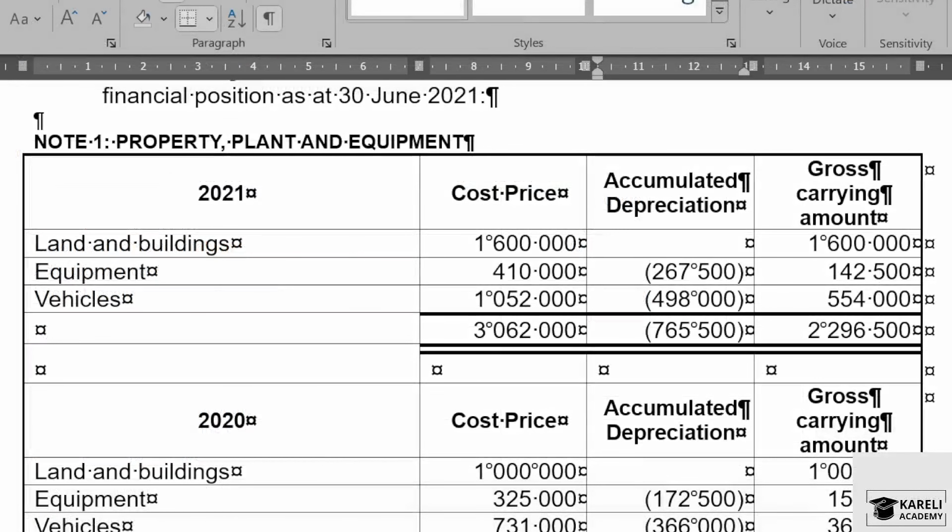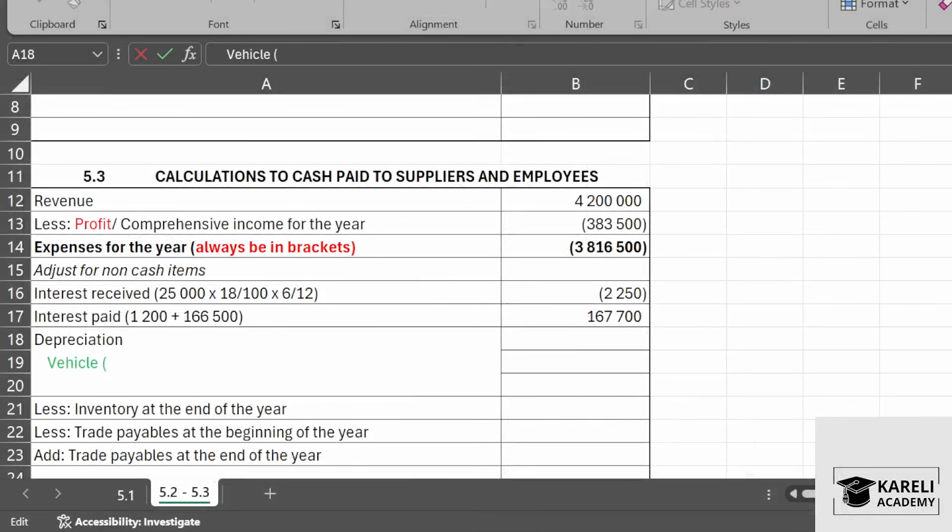Now on our question paper, we take 498,000 minus 366,000. 498 minus 366. 498,000 minus 366,000.